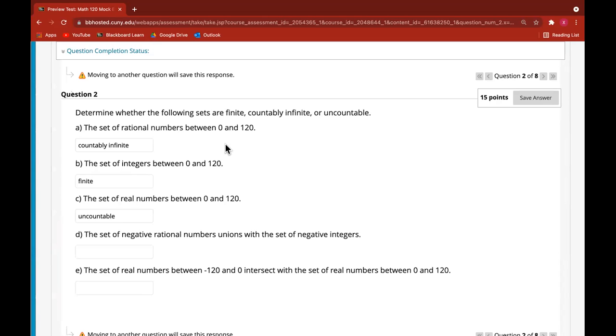Just looking at 1 over an integer, there are already infinitely many of them, and they are all between 0 and 1. So you know there will be infinitely many rational numbers between 0 and 120. Does that make sense?